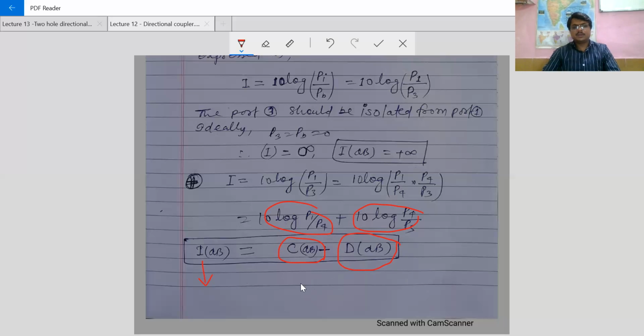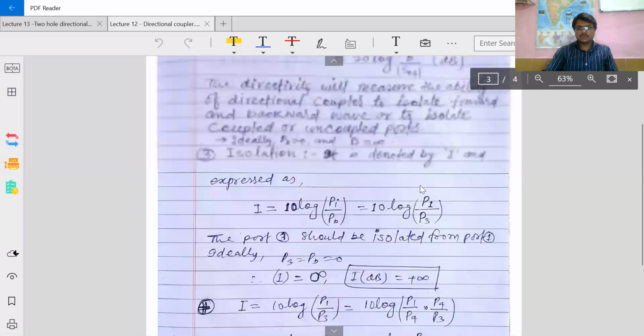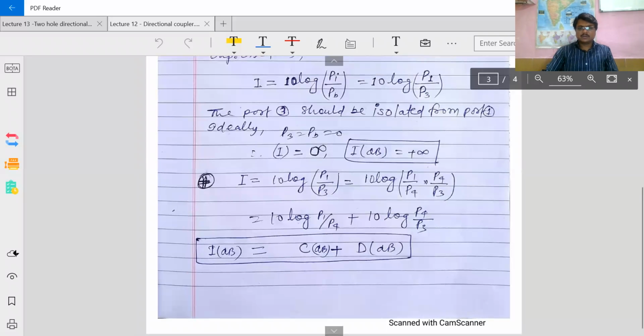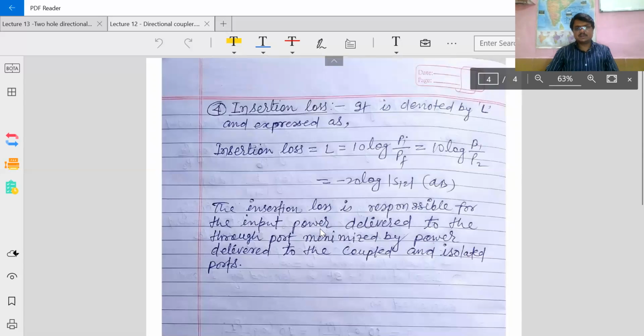So if any two of I, C and D are given, then the third quantity can automatically be calculated.